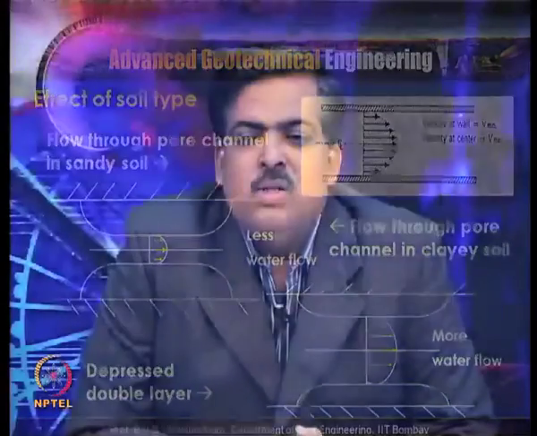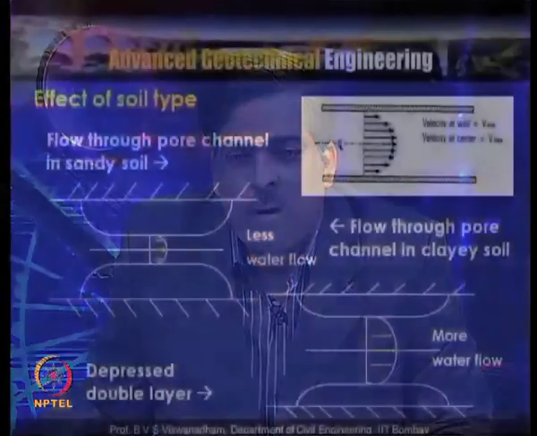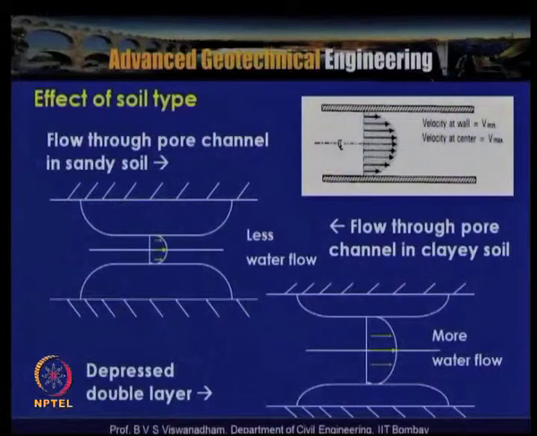When we consider clay soil, we have the adsorbed water, and because of the flow taking place through this adsorbed water layer and the frictional effect, the velocity here also drops down to 0, but at the center there will be a maximum.